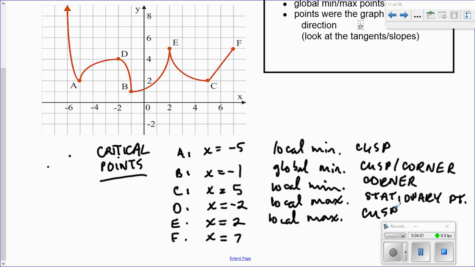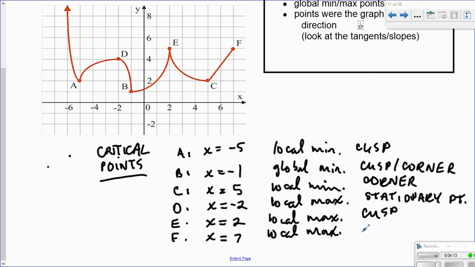And F, at F x equals 7, that's a local max, and I think that's just a stationary point, or really an end point of my function or my domain.